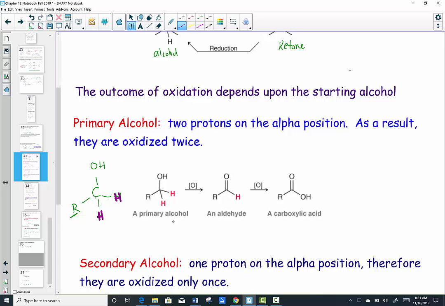A primary alcohol, when oxidized, and that reagent will come up in a moment, we have yet to introduce. We're just getting an idea of what oxidation means. To replace one of these carbon-hydrogen bonds with a carbon-oxygen bond is oxidation. You're increasing the number of bonds from C's to O's. The alcohol goes to the aldehyde.